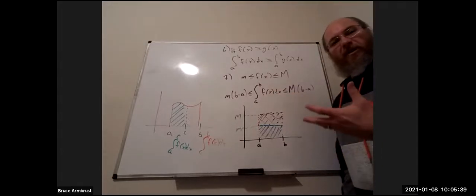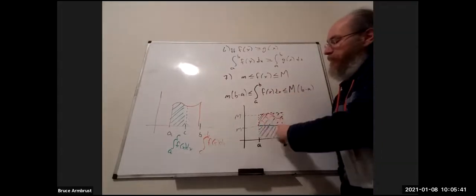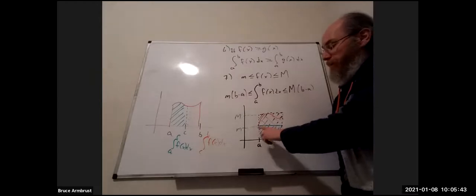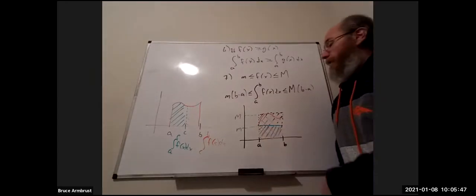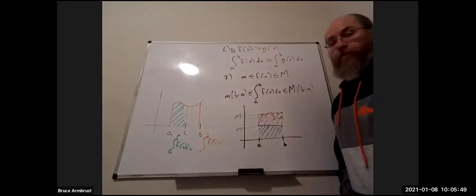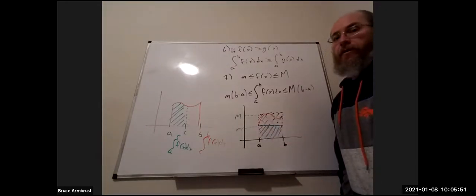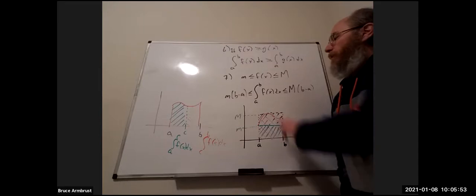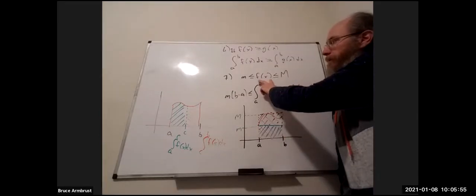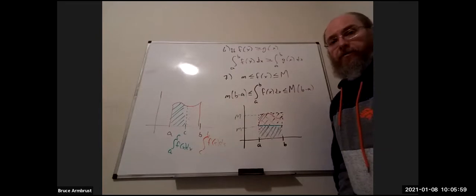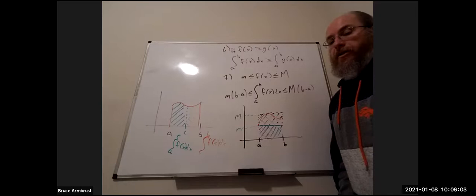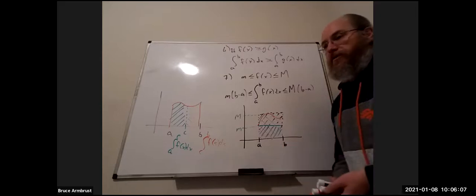So hopefully you can kind of see what's going on. The area under that curve is going to be bigger than the rectangle that's formed by the lowest value, and it's going to be less than the rectangle formed by the highest value. So when a function is bounded, we also have bounds on the integral. There is a maximum and a minimum value. So if you want to just make a guess and say, okay, what is the actual value of this?